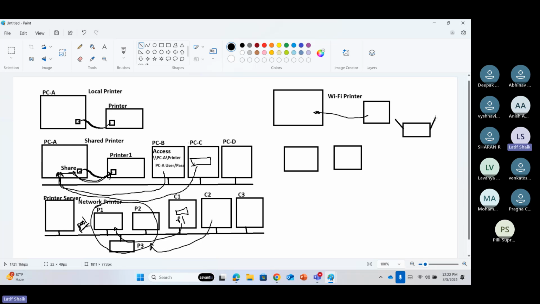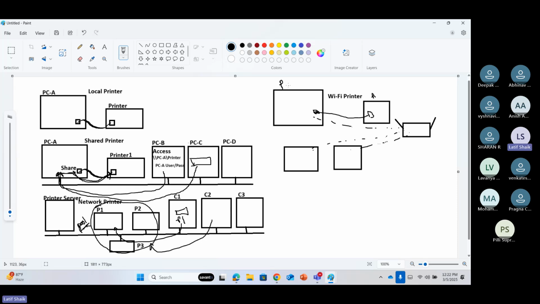Earlier it was compulsory to use a Wi-Fi router. With a wire, with USB type of connectivity, you can connect to your PC.